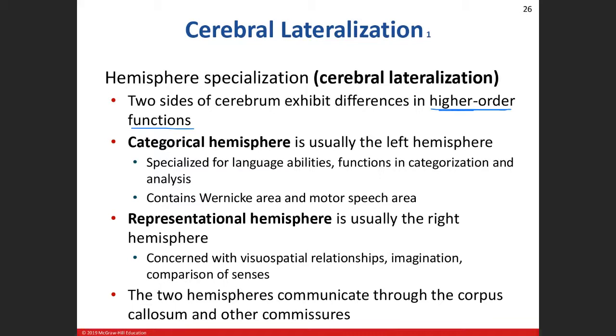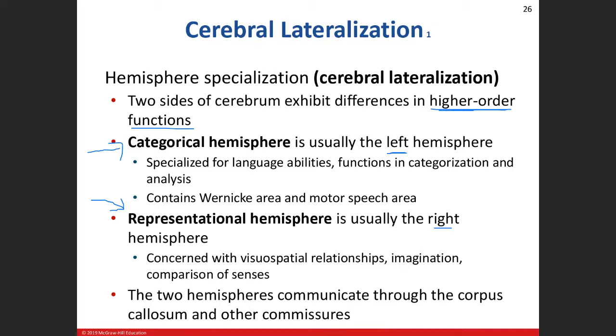So now when we talk about cerebral lateralization, we're going to talk about these two characteristics, categorical and representational. I'll describe what categorical is in a moment. But in most cases, the categorical hemisphere is the left hemisphere. The representational will be the right.